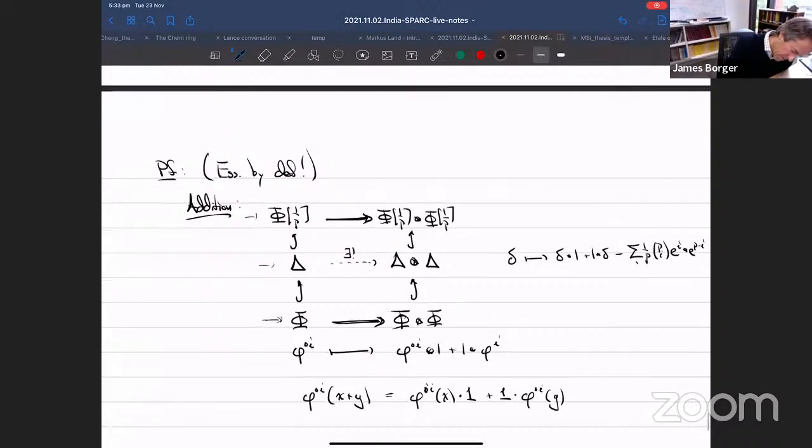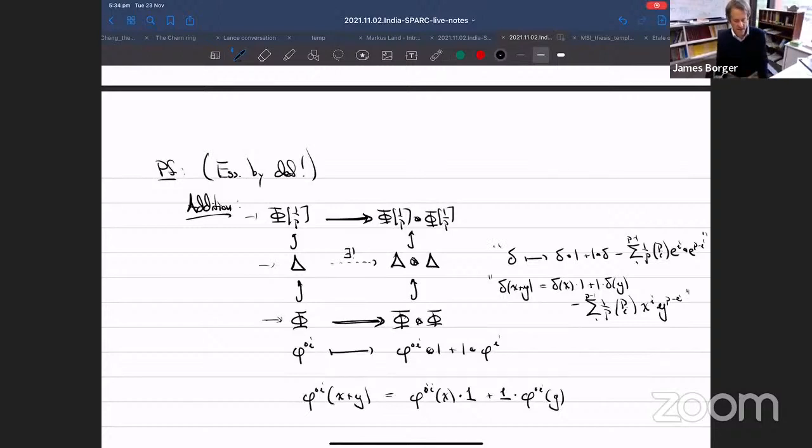So, right, this is kind of a co-product way of saying these are just two kind of ways of saying the same thing.